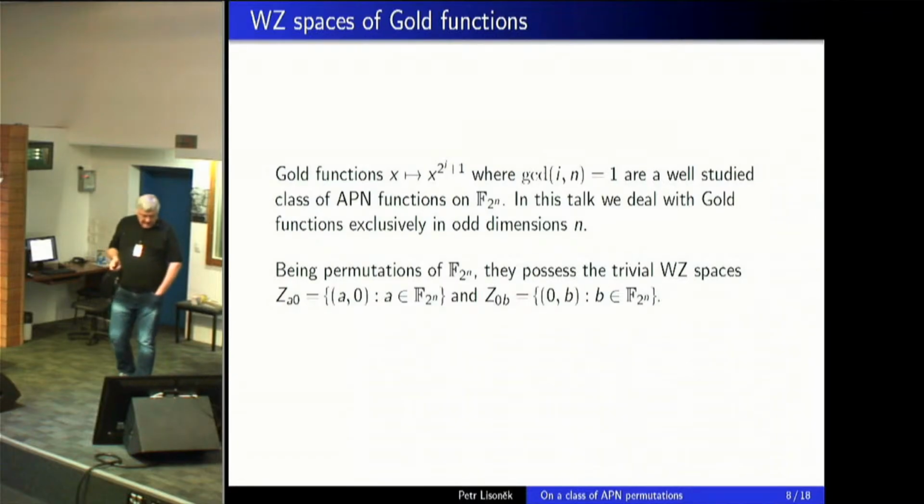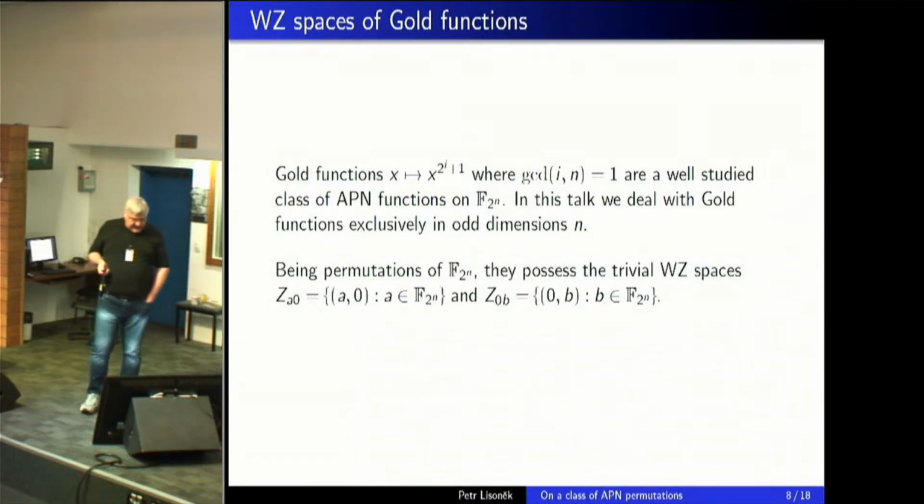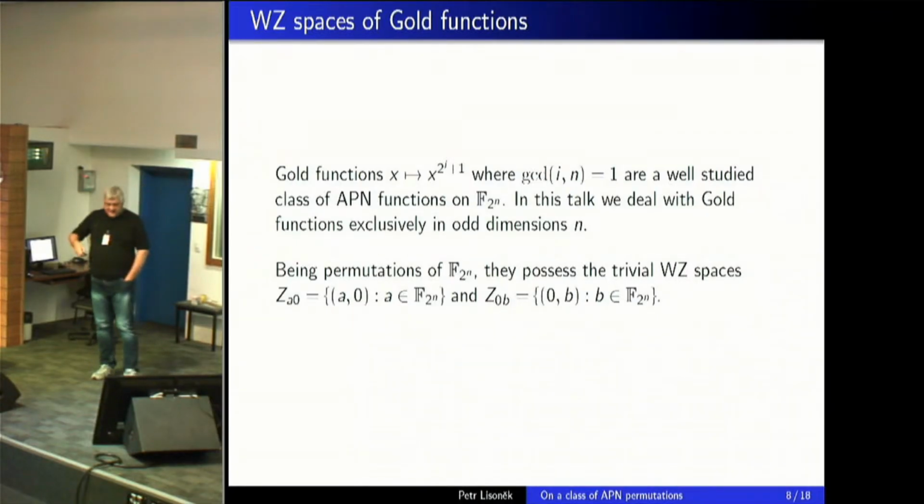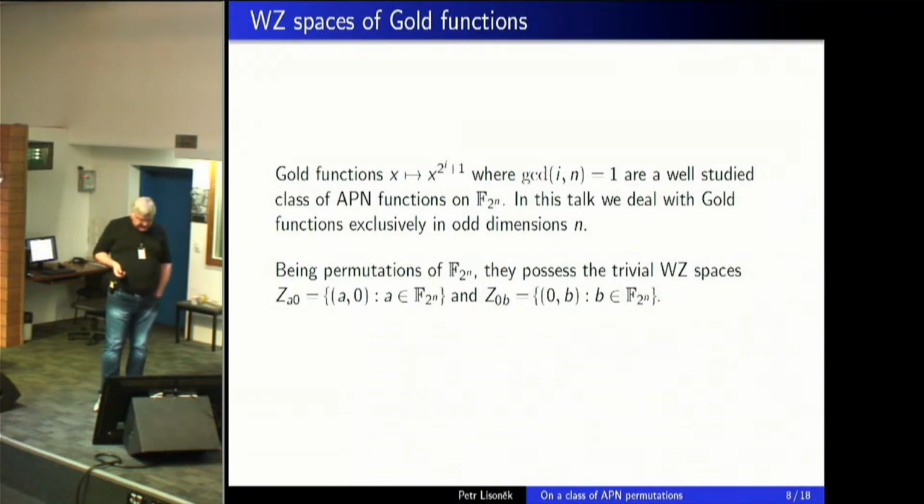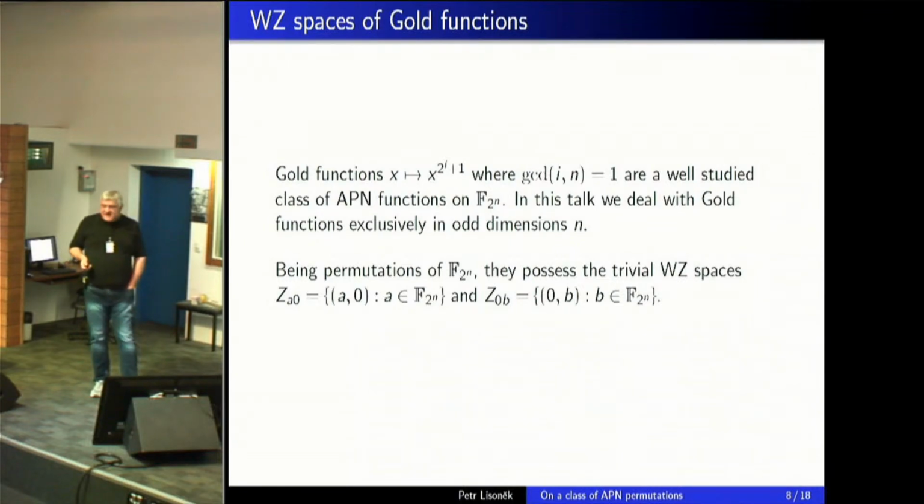As I mentioned at the beginning, these are APN in all dimensions. In this talk, we only look at the Gold functions in odd dimensions. Since there are permutations in odd dimensions, they possess these two trivial WZ spaces.